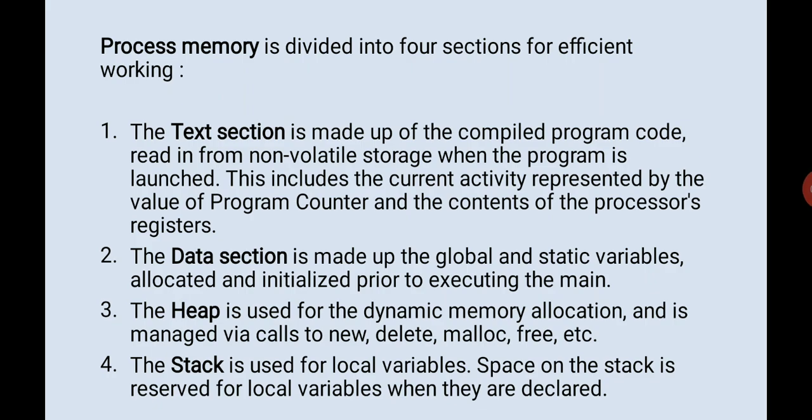So the text section will have the compiled program code that is supposed to be read. The data section has global and static variables that are supposed to be allocated and initialized prior to executing the main. The heap will be used for dynamic memory allocation, and the stack will be used for the local variables.